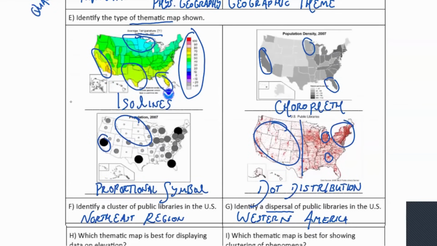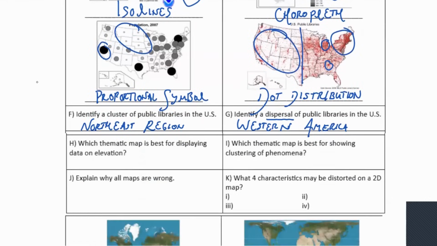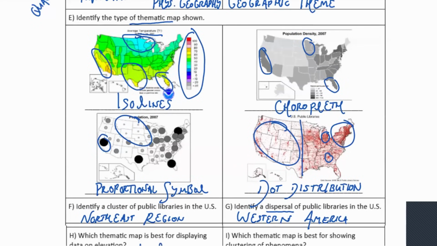Which of these four, particularly, is best for displaying data on elevation here? And I'm going to say that an isoline map is best for displaying data on elevation, because we look at this temperature map, it displays the temperature very nicely. Even though there's obviously more specific temperatures than 80, 90, 100 degrees, there's a lot of more specific elevations as well.